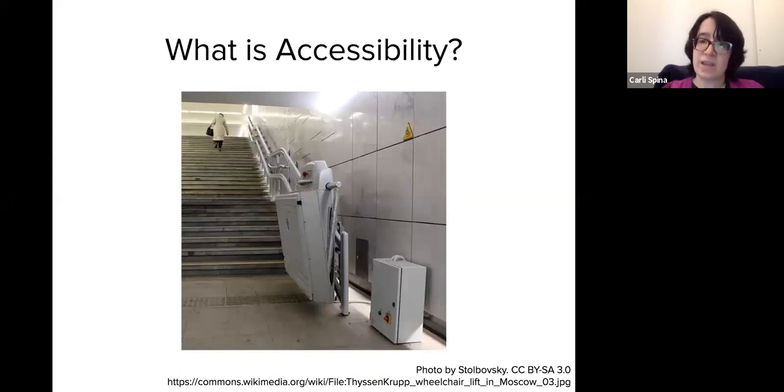Solutions like this, while they are the cornerstone and a really iconic example of accessibility improvements, are still exclusionary. What I mean by that is, first of all, they require people to have access to special technology that can break down, that may require special knowledge to operate it.